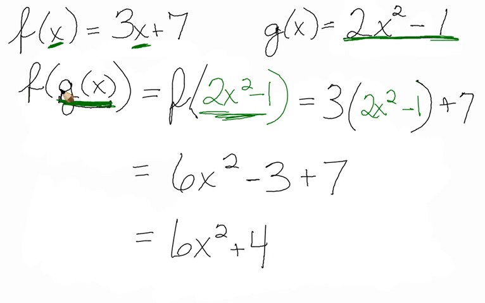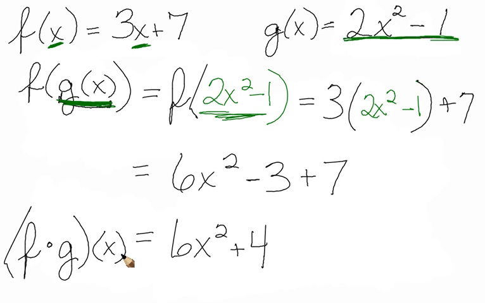And then f of g of x, we have a fancy way of writing it, and that is with a little circle. Okay, so f of g of x will look like that, and then we'll have our input. And this represents a new function, okay? So when you compose two functions, you get a new function, f composed with g, and then x is still our input. This is still our function rule, 6x squared plus 4.